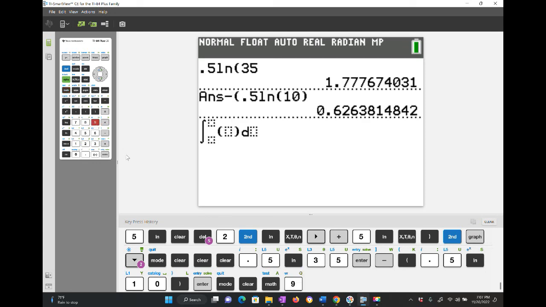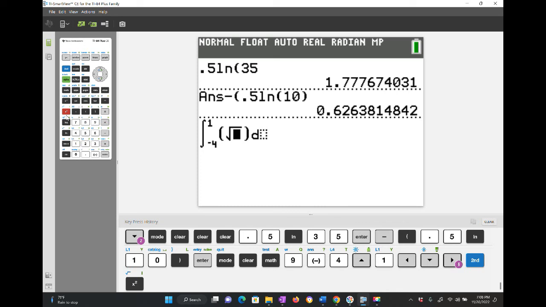Okay, and let's go ahead and put in our original numbers, which was, we have a negative 4 here. So remember, it only likes the little negative integer. And this is 1. So originally, that's what our question looked like. But I'm putting in now the original question. So second, square root, we're going to do 5 minus x.